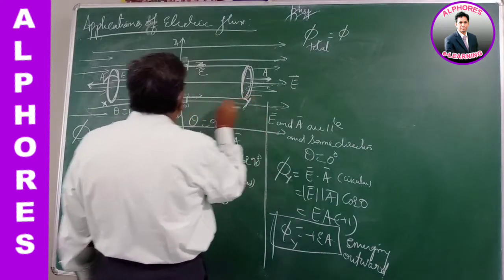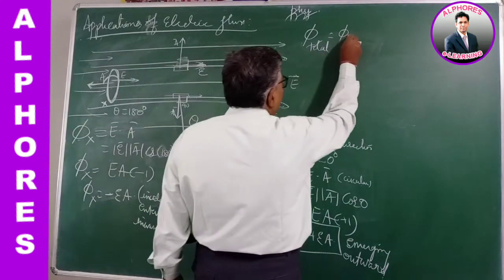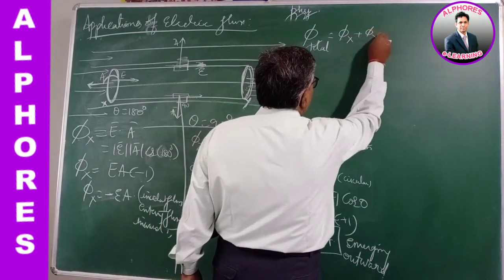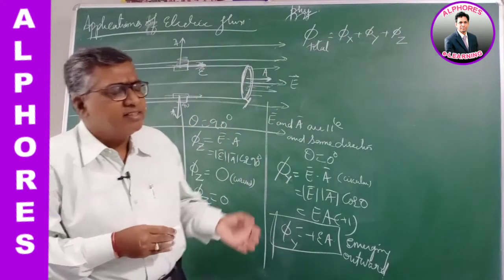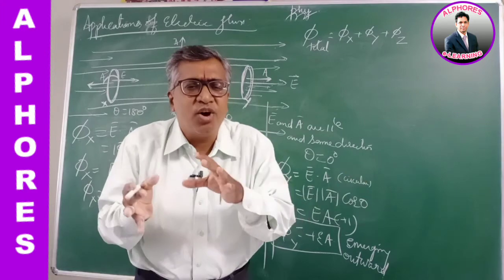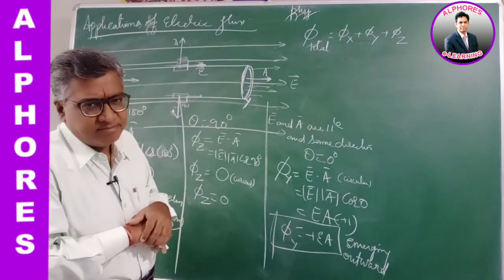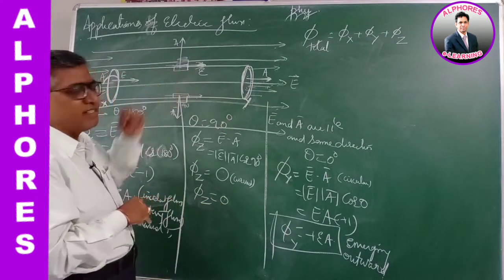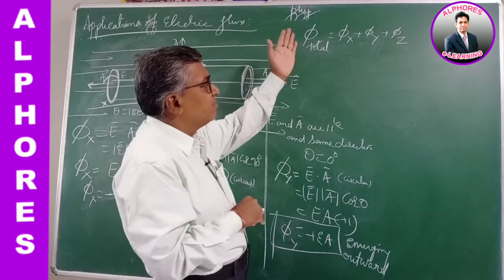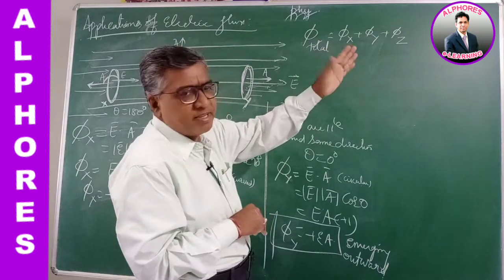So here there are three surfaces X, Y and Z. So the net flux is flux along X plus flux along Y plus flux along Z.